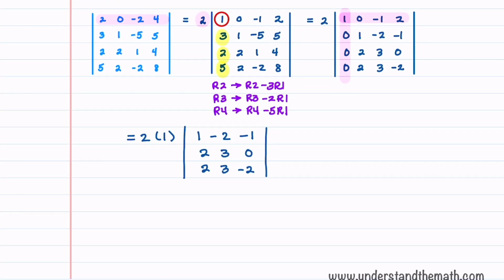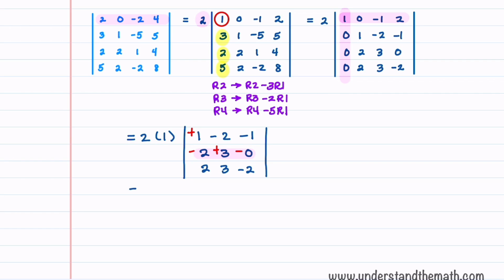We're now going to use cofactor expansion on this 3 by 3 matrix, and I'm going to choose to do the expansion along the second row because it has a 0 in it. You could have equally done the expansion down the third column. Let's start by doing our plus minus pattern. We have plus, minus, plus, minus.